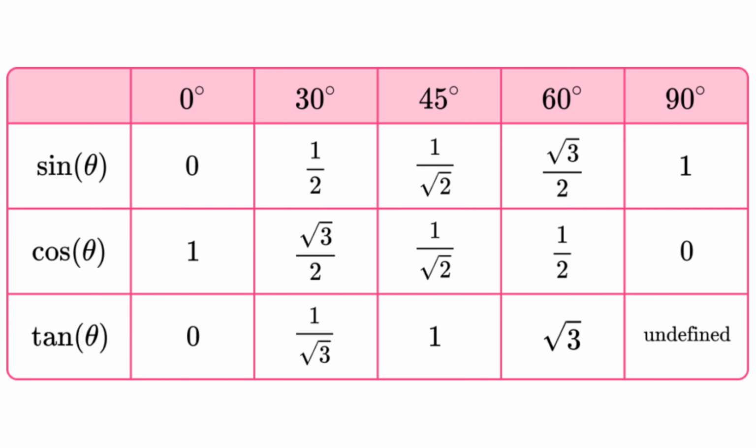We can compare and see from the table that sine 0 degrees will give us 0, and cos 90 degrees will give us 0.